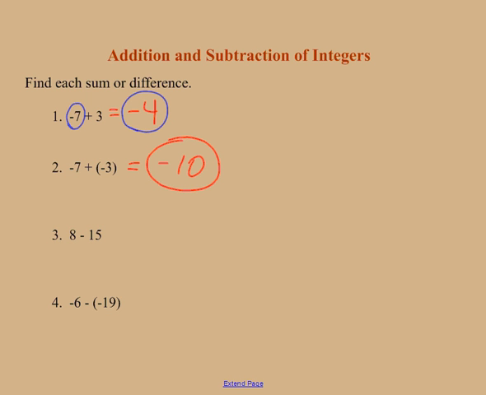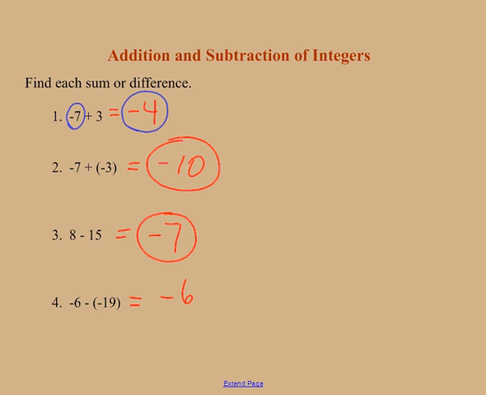Number 3, 8 minus 15. Well, now the 15 is bigger, and since that's what we're subtracting, our answer is going to be negative. And the difference between 15 and 8 is 7. So -7 is our answer. And finally, number 4, -6 minus -19. Well, you probably remember that when you subtract the negative, it's like adding a positive.